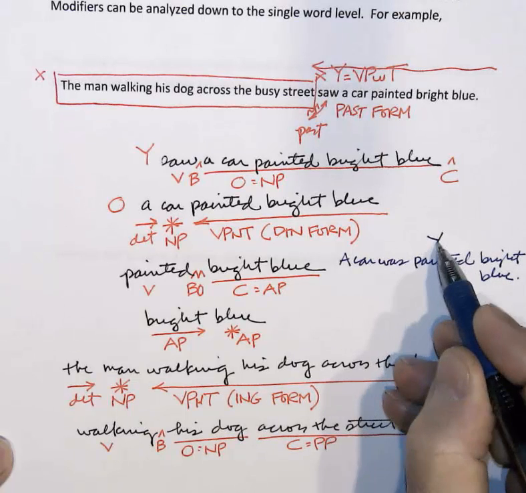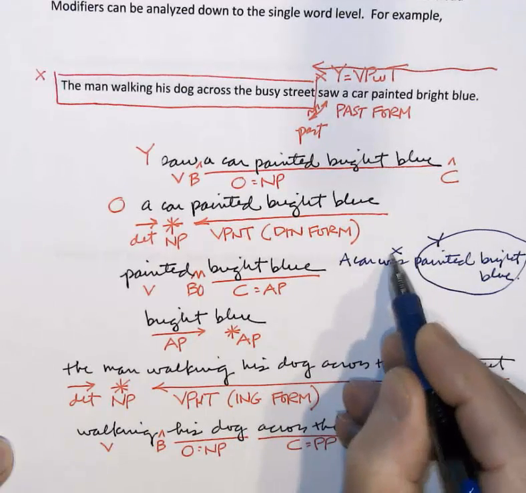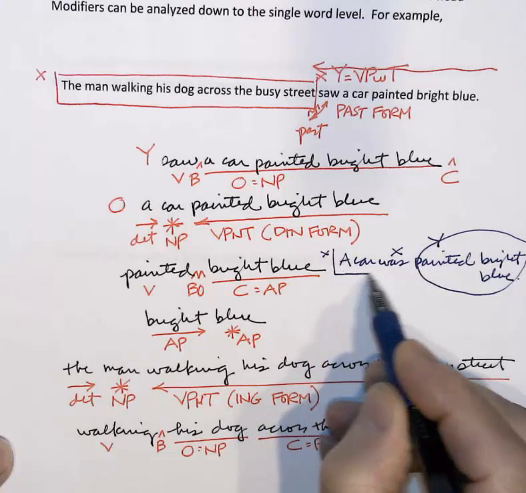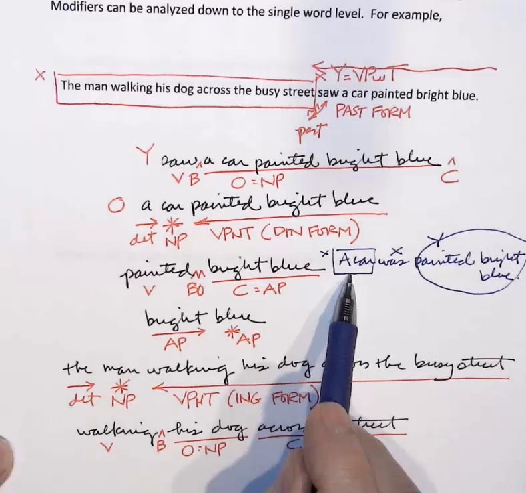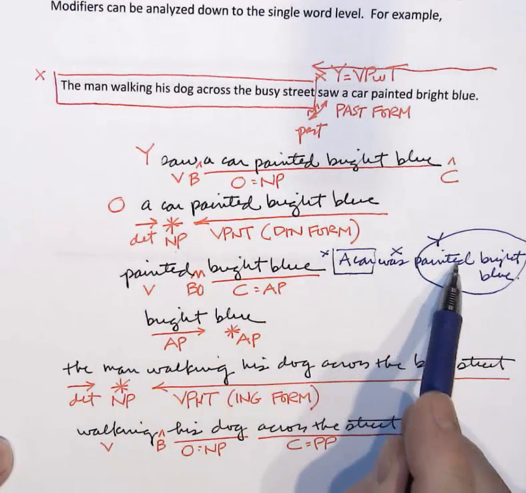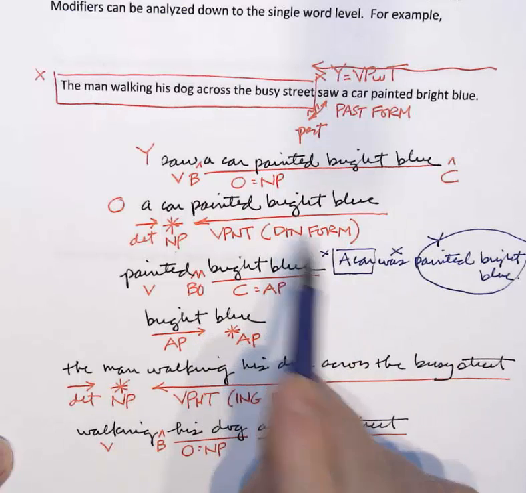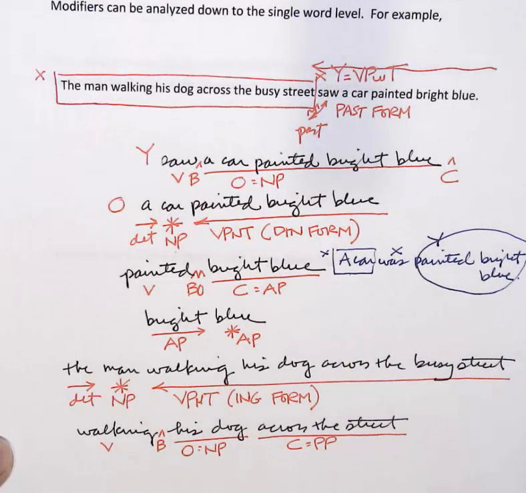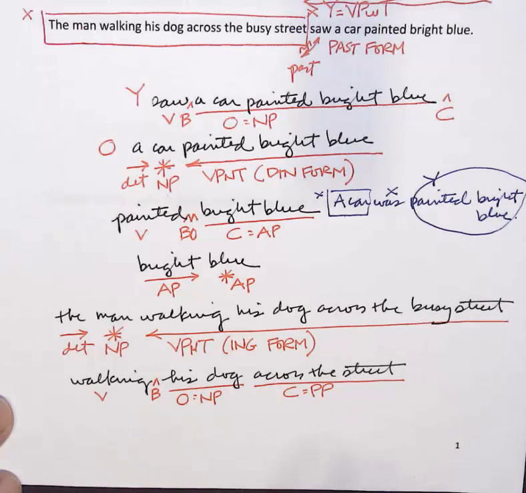The Y portion, painted bright blue, and you can see the subject is a car. Because the subject of this sentence is the same as the head, I can take the Y part of the predicate that says something about the subject and use it like a modifier. And people understand that I'm talking about the car was painted bright blue. Let's go back to our example of the man walking his dog.